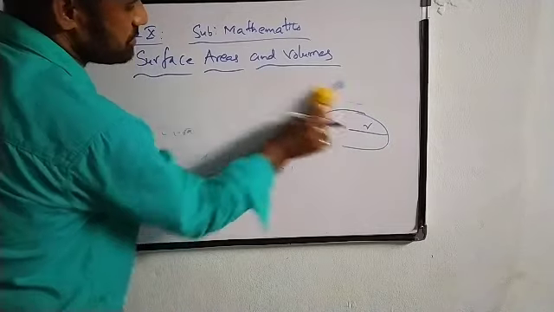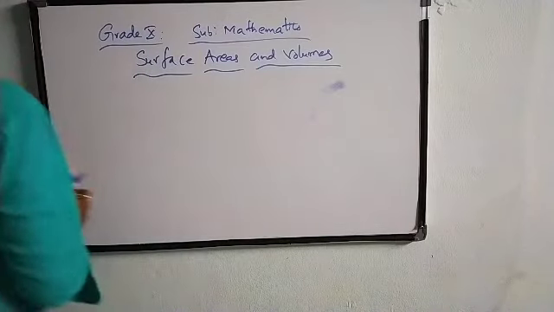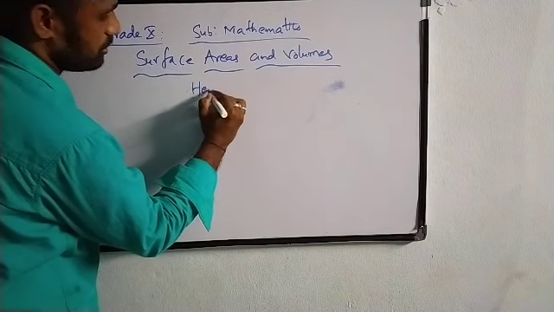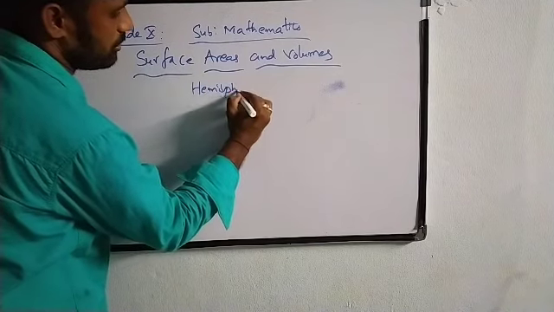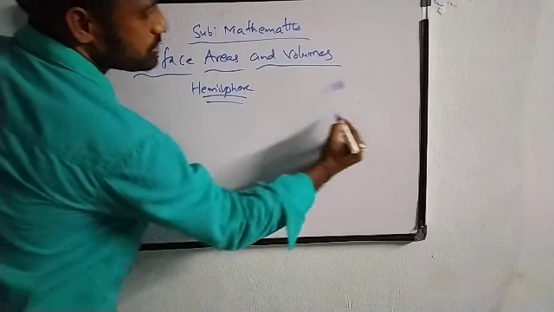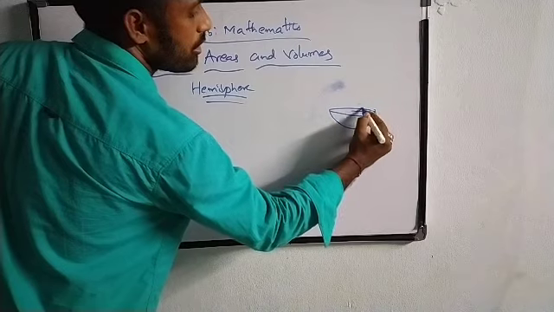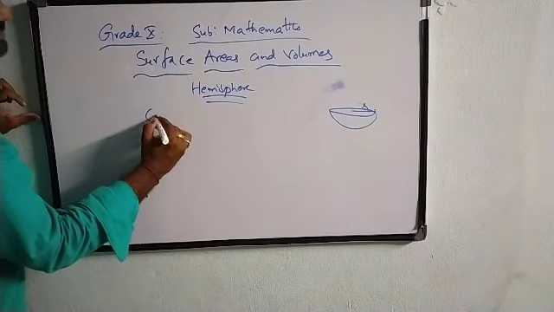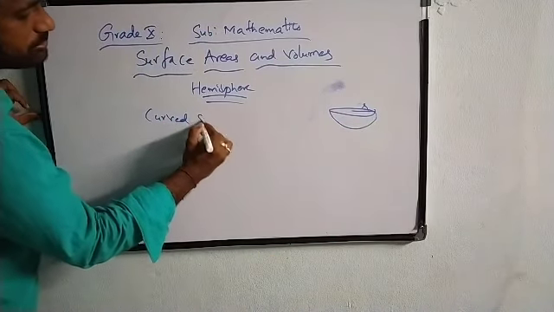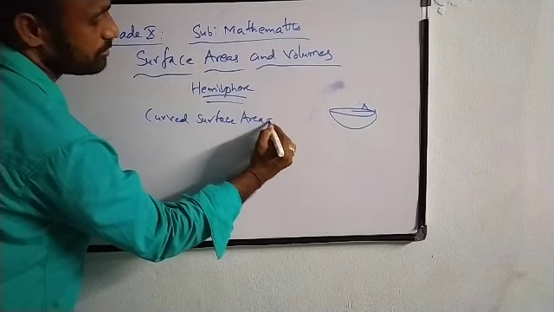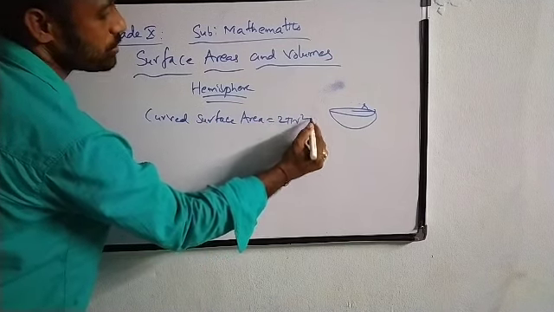Next we have hemisphere. This is the shape of the hemisphere. Curved surface area of hemisphere is 2 pi r square.